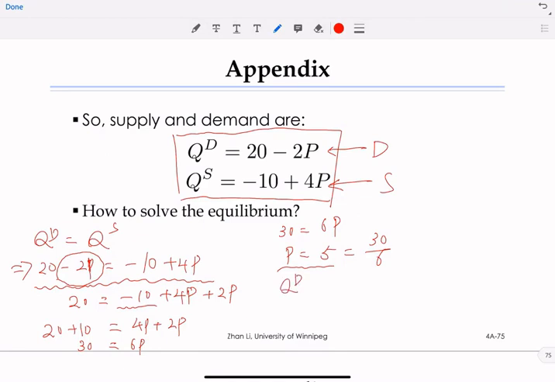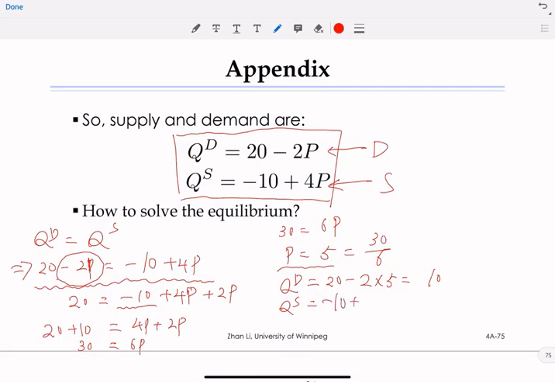So here QD equals 20 minus 2 times 5, which is 10. And you can verify that using the supply curve, it gives you the same answer, right?